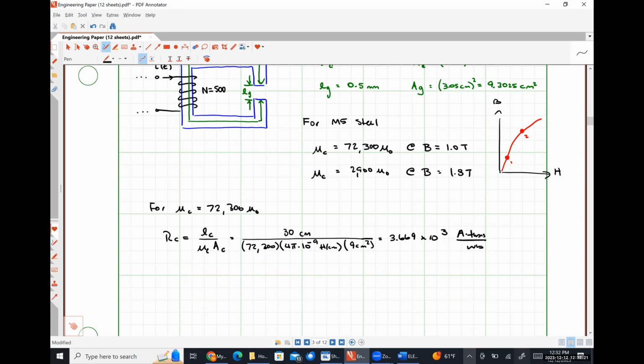amp turns per Weber. We have our gap reluctance determined by LG divided by mu naught times AG. So that's going to look like 0.05 centimeters divided by 4 pi times 10 to the minus 9 henries per centimeter times our area 3.025 centimeters squared.